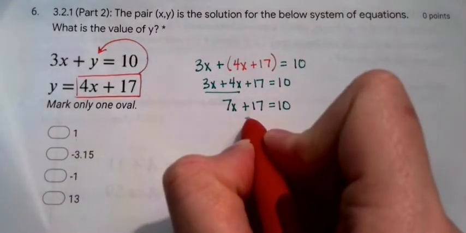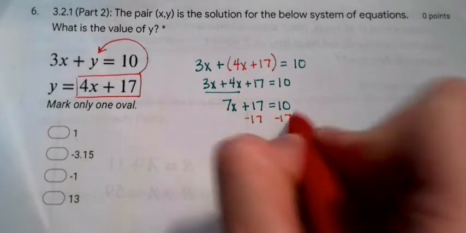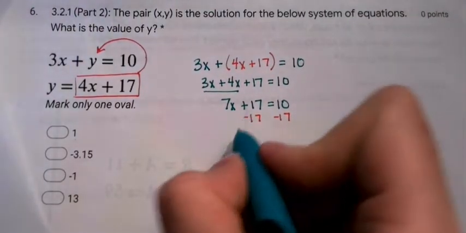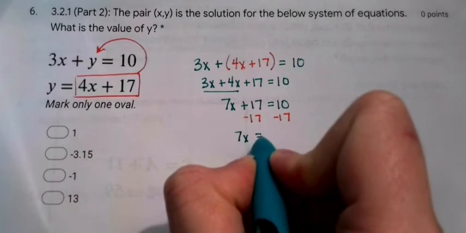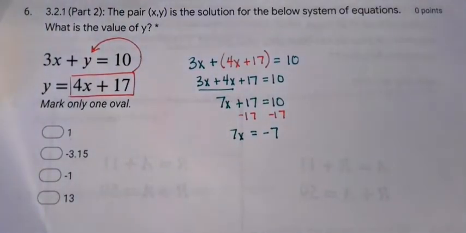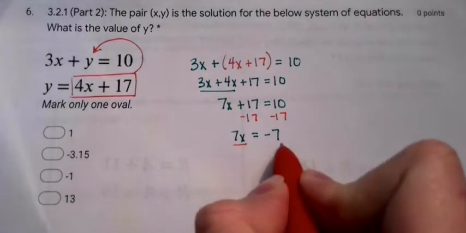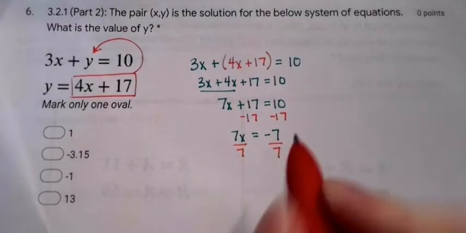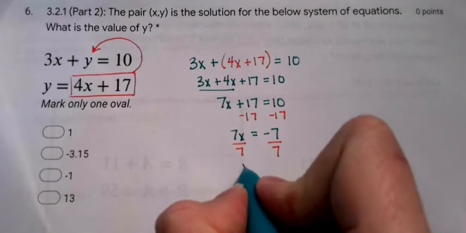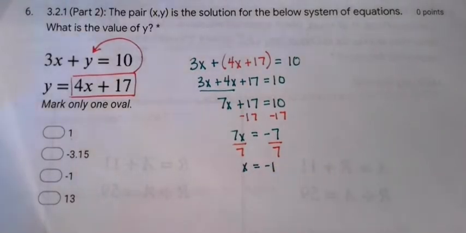Then to solve, I want to subtract 17 from both sides. 7x equals a negative 7. 10 minus 17 is a negative 7. And I'm going to divide both sides by positive 7. And I get x equals negative 1.